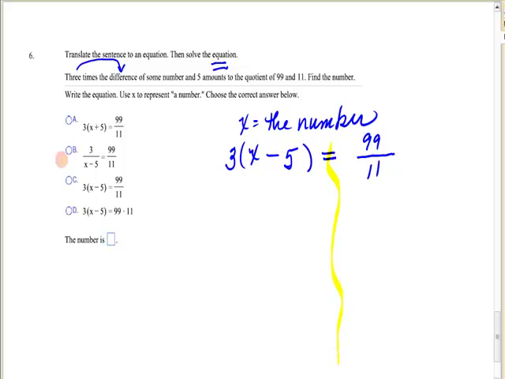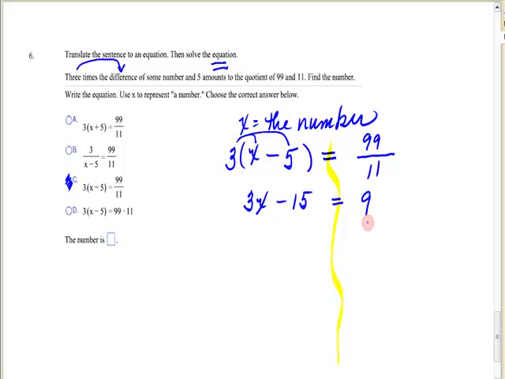Okay, and it looks like that will be choice C. All right, can I simplify on the left? Yes, I can use the distributive property. 3 times x is 3x. 3 times negative 5 is negative 15. Equals 99 divided by 11 is 9.